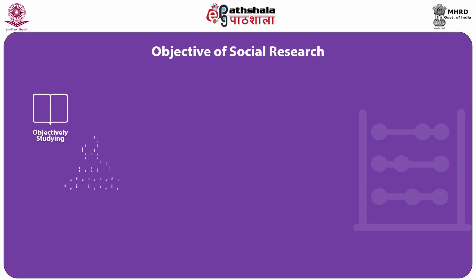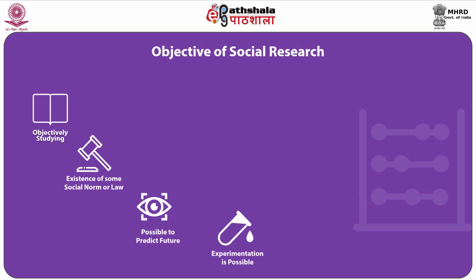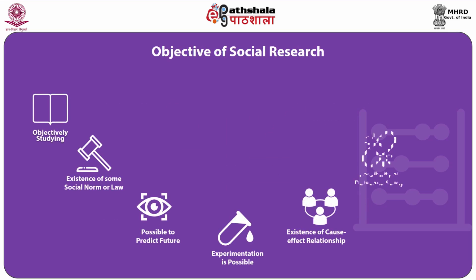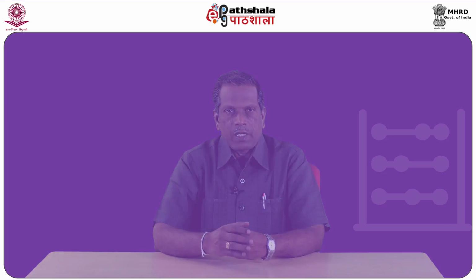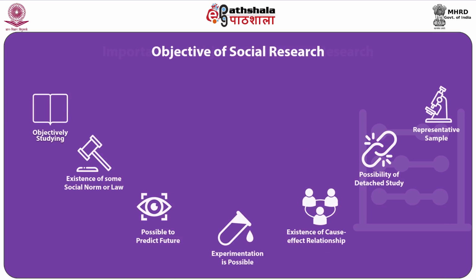Objectives of social research: generally, social research has certain objectives, wherein the first and foremost one is objectively studying. In the disciplines of social sciences, the researchers presume that they will be able to study or investigate social problems in an unbiased manner. Secondly, existence of some social norm or law.